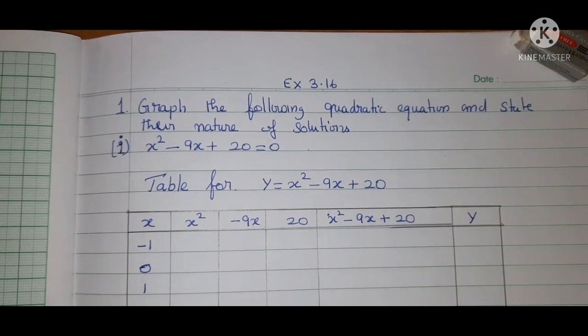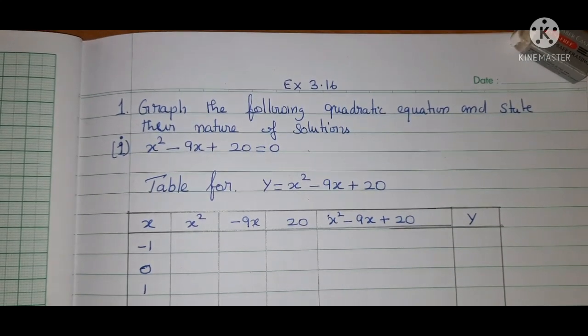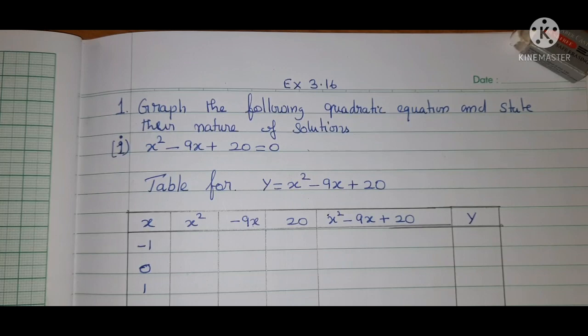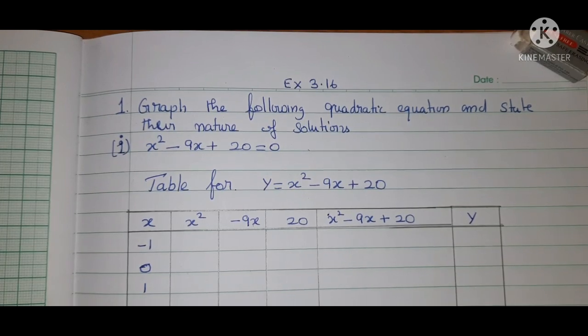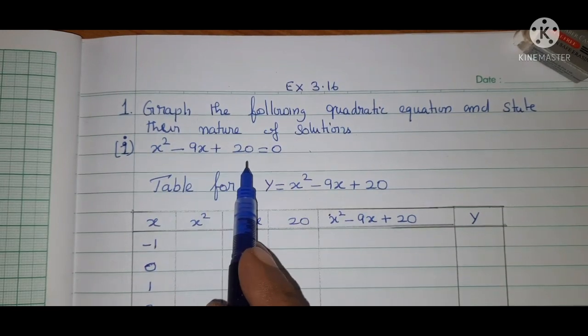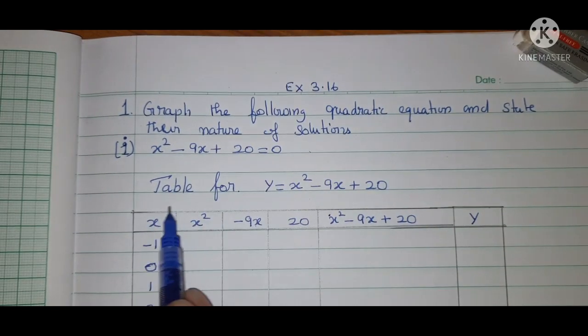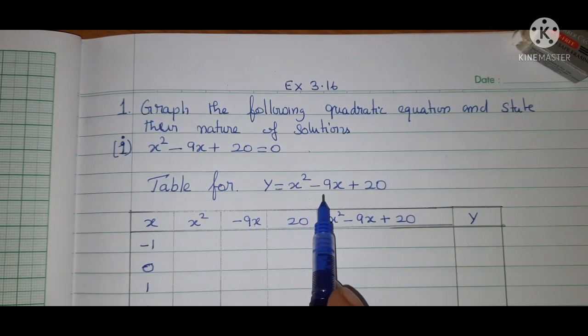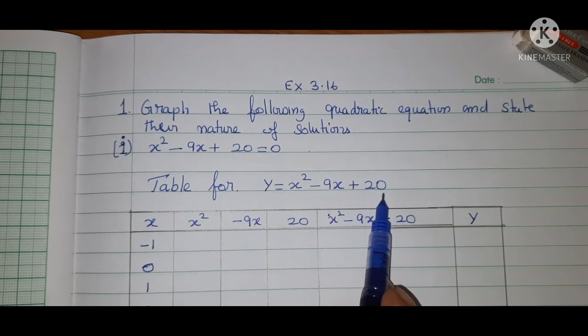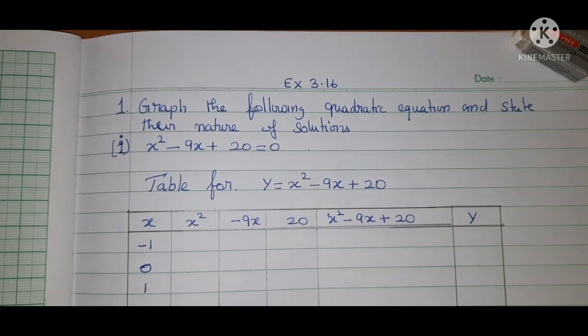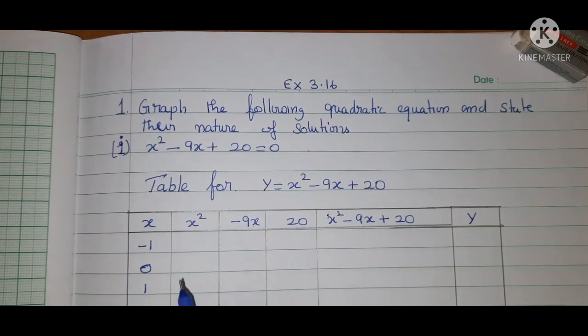Exercise 3.16. Sum. Graph the following quadratic equation and state the nature of the solution. The equation: x square minus 9x plus 20 is equal to 0. Table for y is equal to x square minus 9x plus 20. Draw the table.